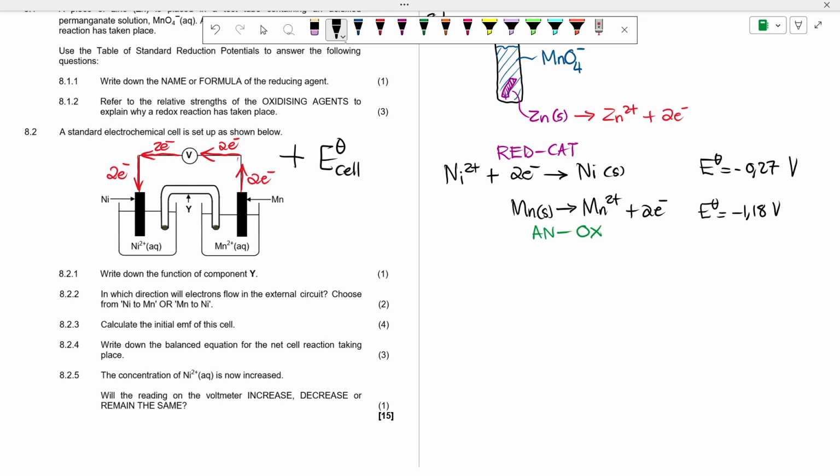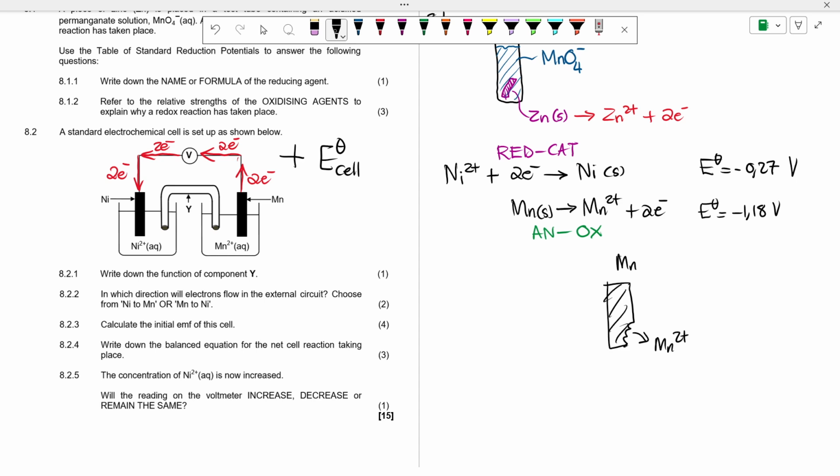If we say something is being oxidized, say this is Mn, then we are basically saying that it's being eaten away. A portion of that is going to go away and drop into solution as Mn2 plus. So it's going down in terms of mass.